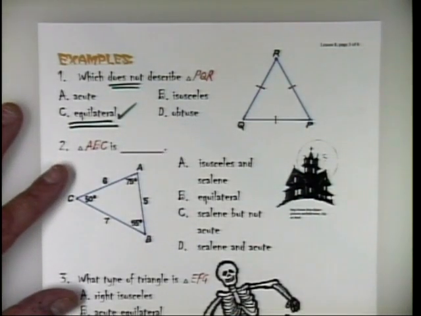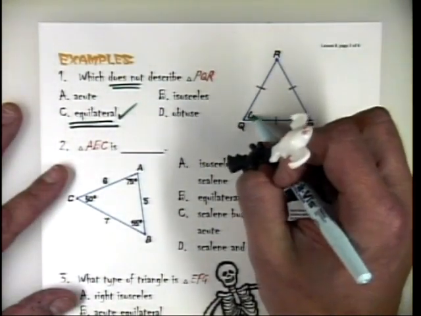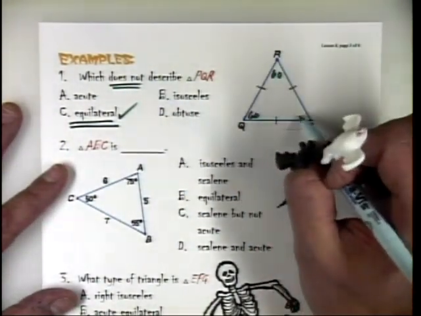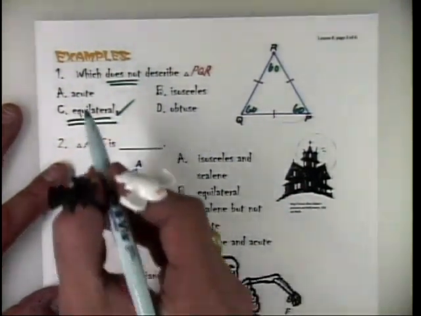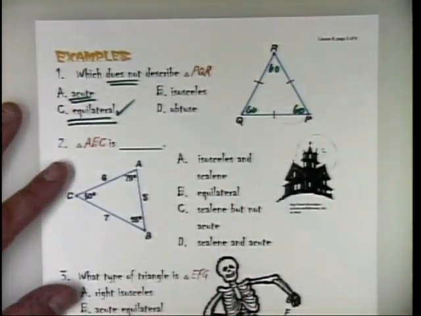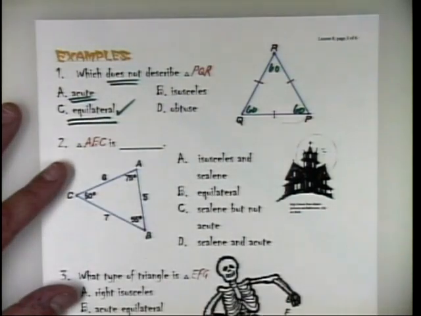Now, what else do we know? In an equilateral triangle, remember, all the angles are 60 degrees. So if they're all 60, they're all less than 90. That means it's got to be an acute triangle as well. So choice A is a good choice. It does describe it. Now, coming over here, let's see. Isosceles or obtuse?